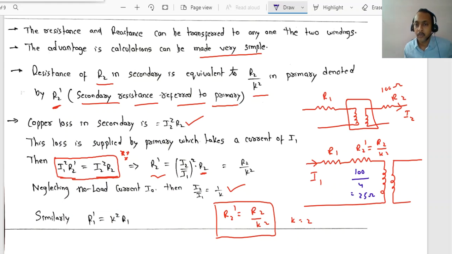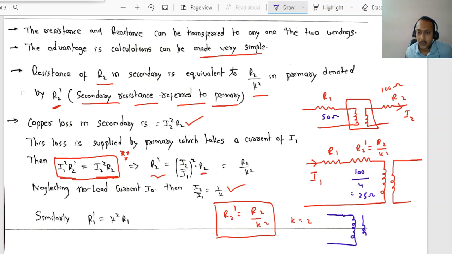Similarly, if you shift R1, for example, if you have 50 ohms and you want to shift it towards the secondary, if the K value is 2, how much will it become, do you know? For example, it is removed from the primary side.